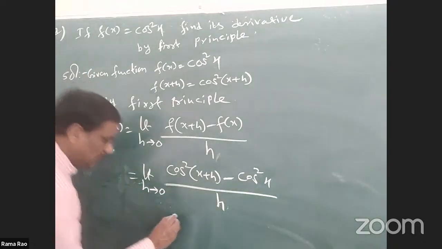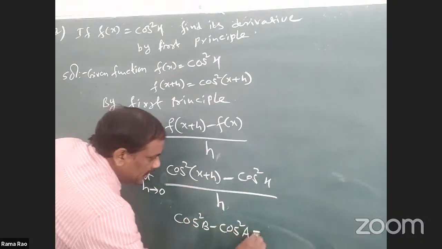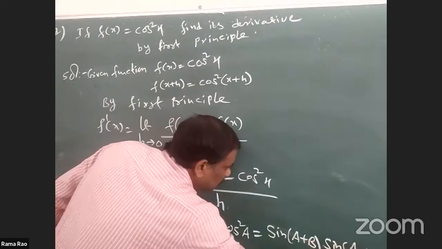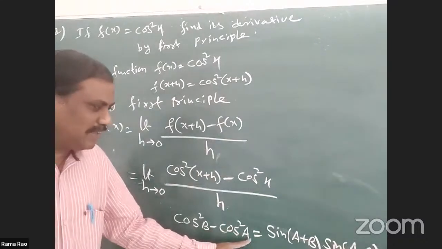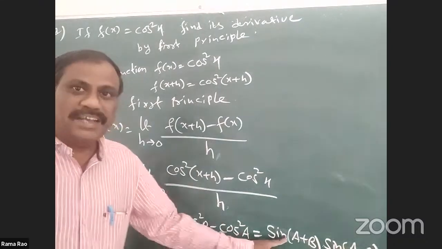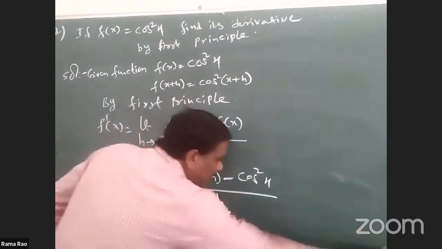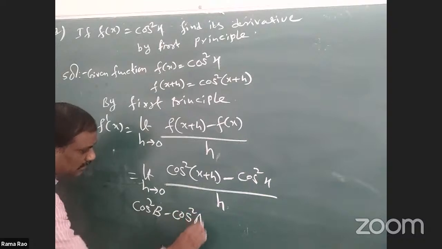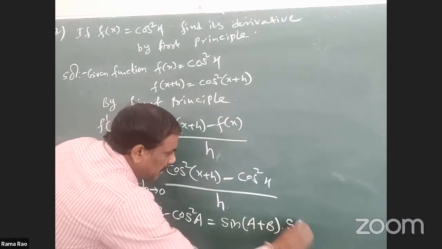Cos square of x plus h minus cos square x. We know the formula. Just now we have proved: cos square b minus cos square a is equal to sin of a plus b into sin of a minus b.